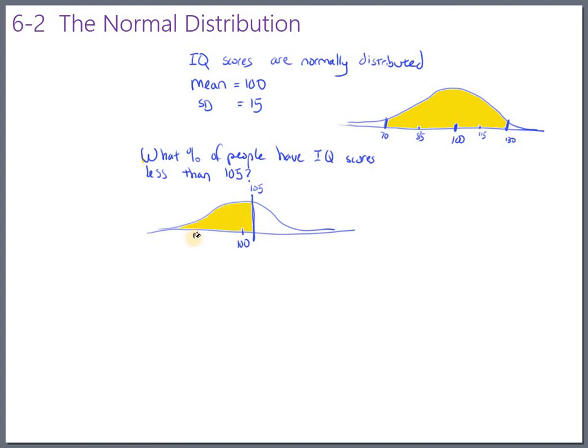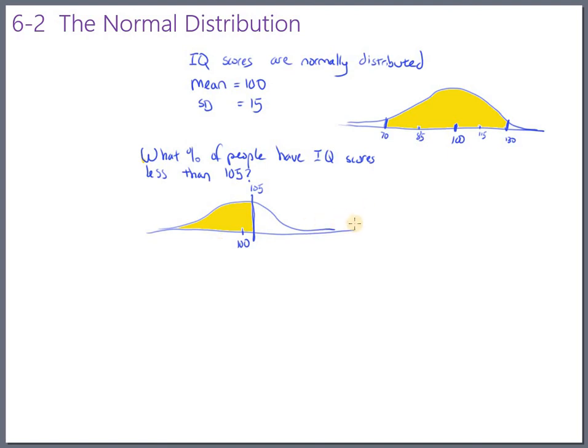I'm basically saying what percentage of the curve is there that I just shaded in yellow. Just graphically, it looks like a little more than half the curve. So I'm guessing like 55%, maybe 60%. It's a little hard to tell, but a little more than half is basically what we're getting to.